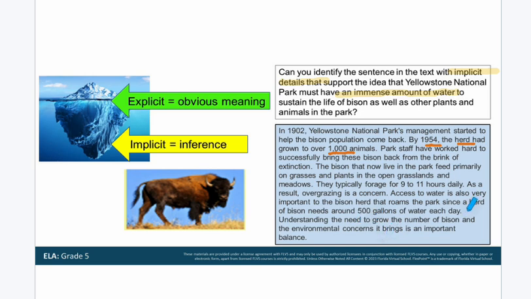Then I can see a herd of bison needs 500 gallons of water per day. Well, if this is per day and that's only one herd of animals, there's probably more than that in the national park. So I know that there must be lots of water in Yellowstone National Park to be able to support 500 gallons of water each day and all the other animals too.